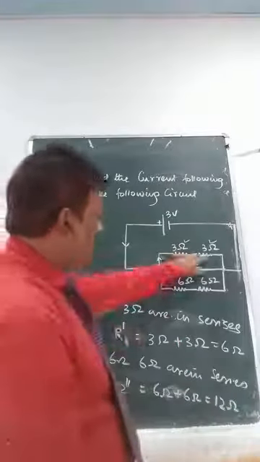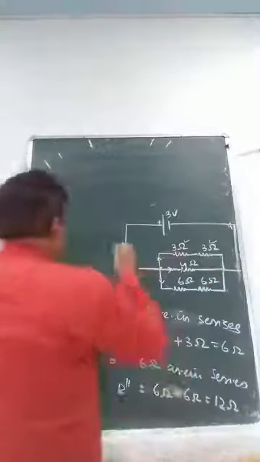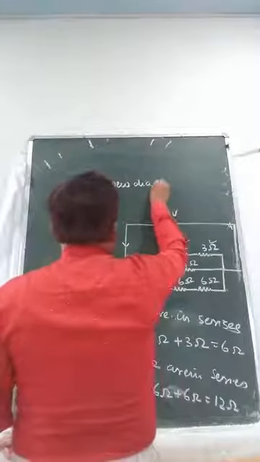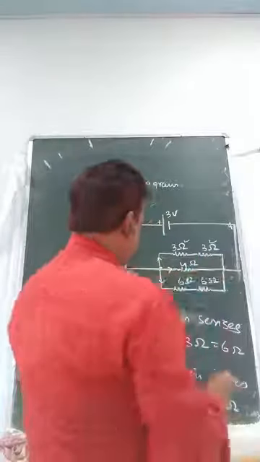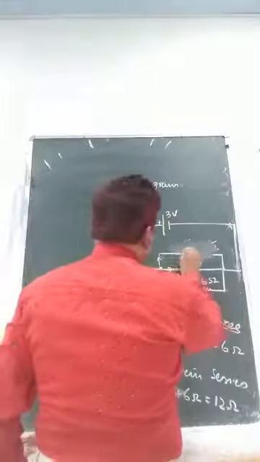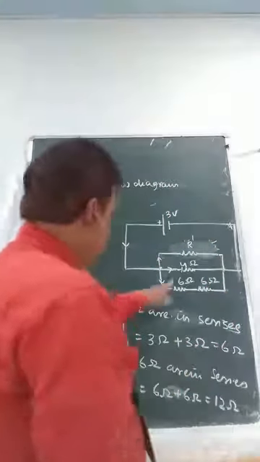So this combined, what is the new diagram? Look here. This combined became one. This combined became one. This is your R dash. There is no change for this.